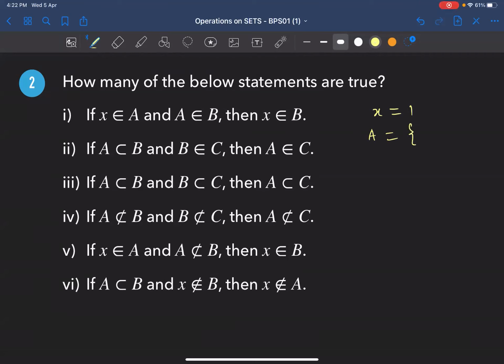So your set A has 1 and 2, and B is 1, 2, 3, 4. Yes, sir.